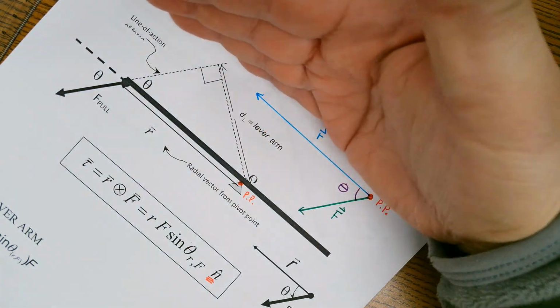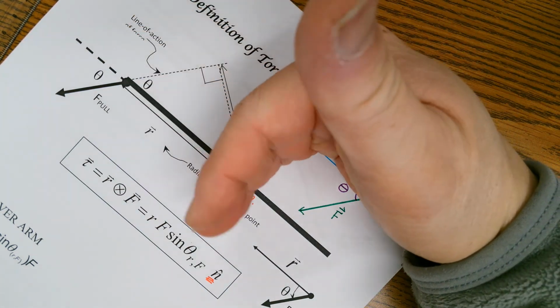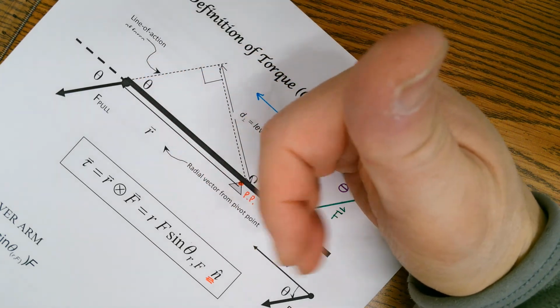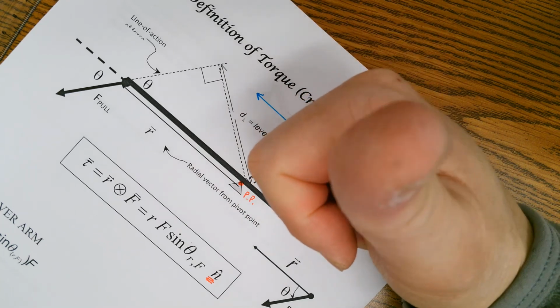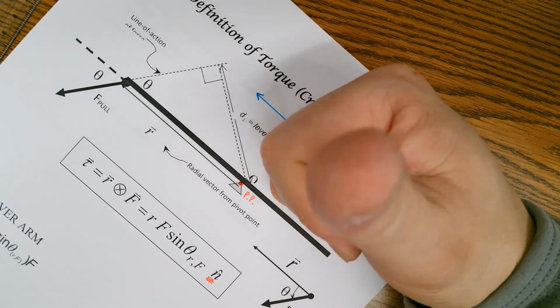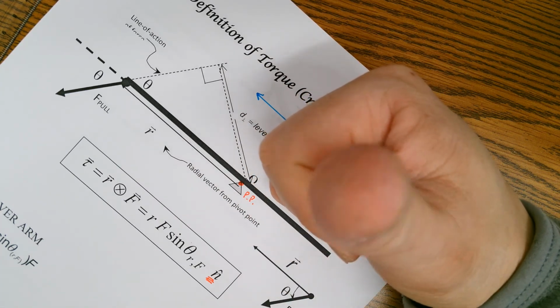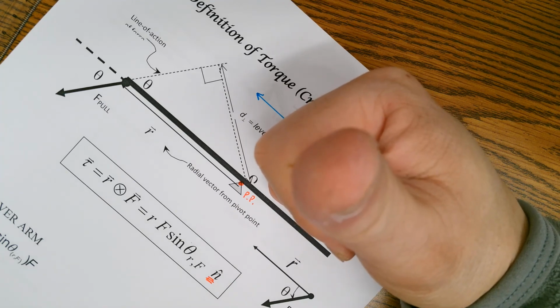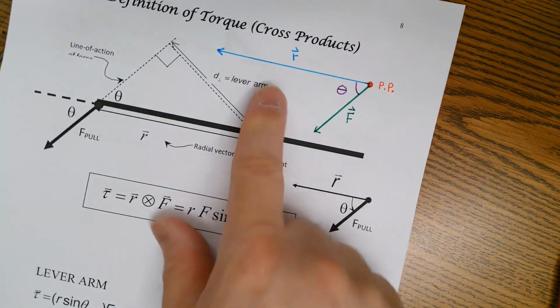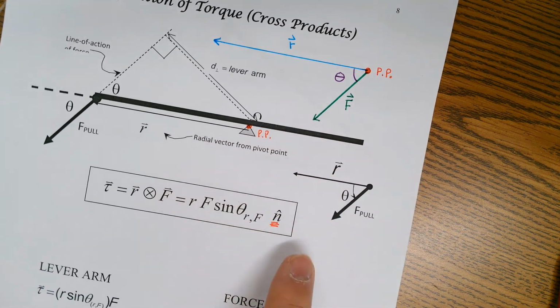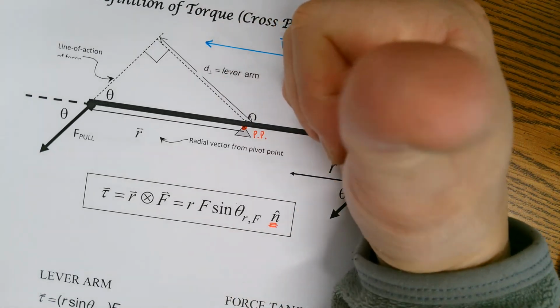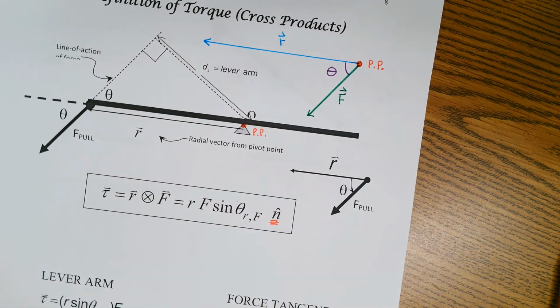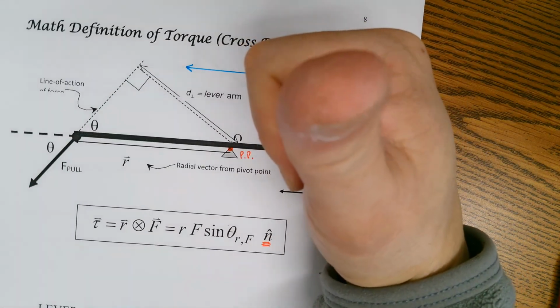But you have to curl your R towards your F in the shorter angle theta. So your angle cannot be greater than 180. So you could curl it this way, and your thumb represents the direction of the torque. So it is R cross F. In this particular case, my n hat will be in the positive Z direction. Okay, positive Z direction.